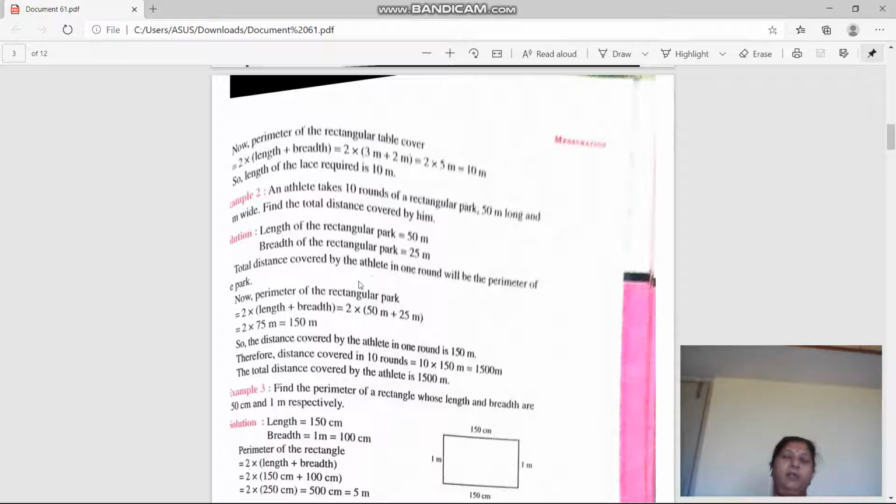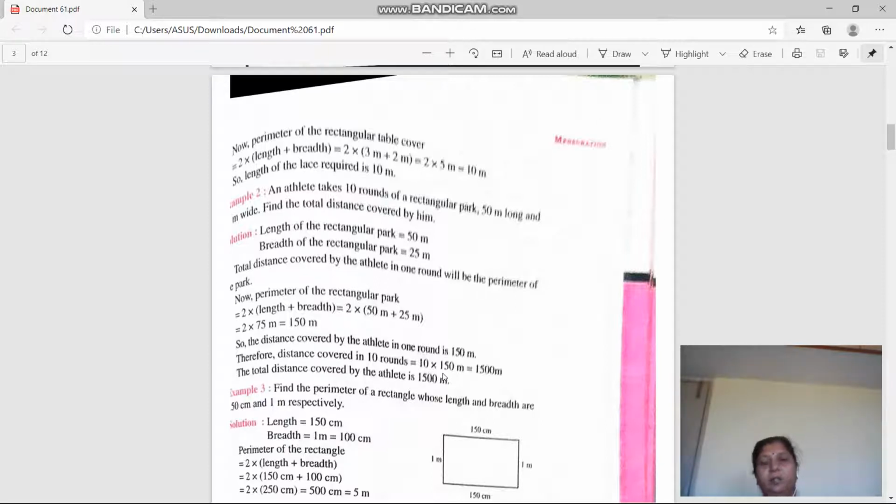What is the formula for the perimeter of a rectangular park? It is 2 multiplied by (length plus breadth). So, it is equal to 2 multiplied by (50 plus 25), that is 2 multiplied by 75, which is 150 meter, one complete round. Now, he has not completed only one round. How many rounds did he complete? He completed 10 rounds. That is why we have to multiply by 10.